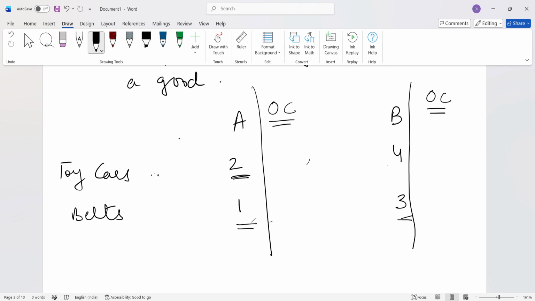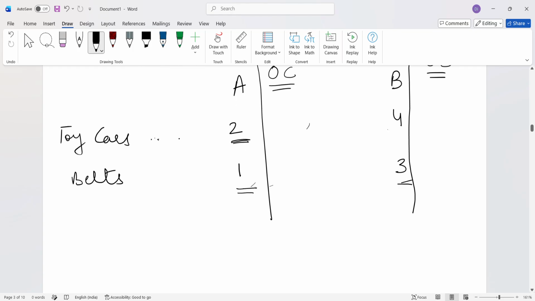But there's a twist. When you have been given the worker hours, how will you calculate the opportunity cost?